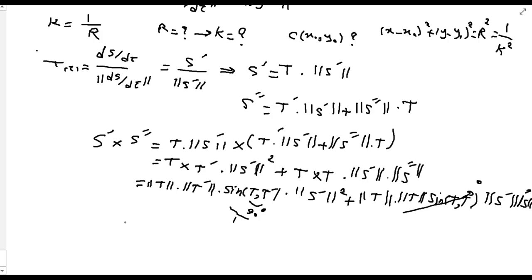So this one is equal to r' cross r'' is equal to the norm of T, as it is a unit vector, equal to 1, multiplied by the norm of T prime multiplied by the norm of r' to the power 2.